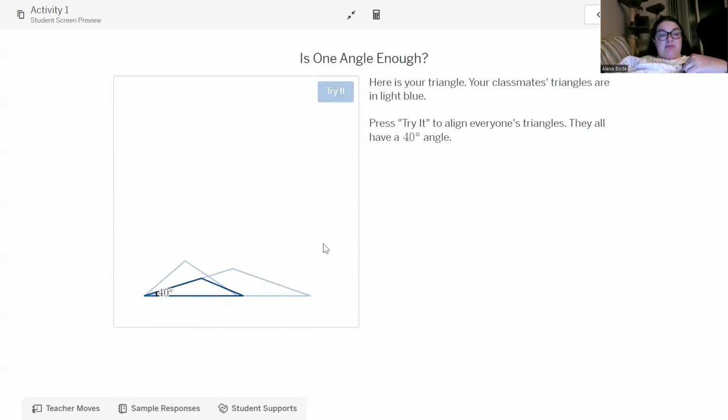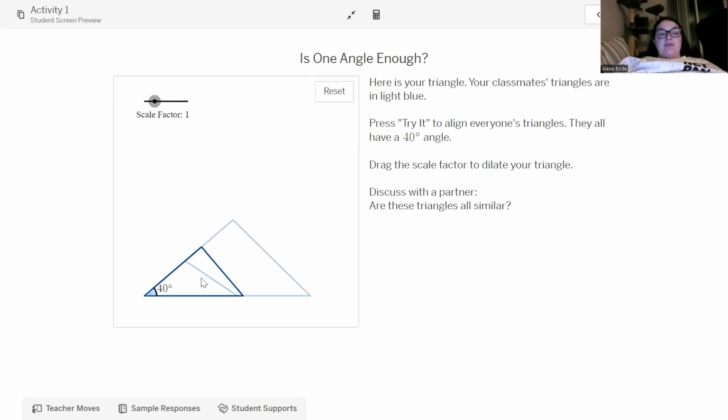Notice now these lines here are not parallel. So if I use a scale factor to dilate my triangle, I cannot get it to match up with this other big one, and I cannot get it to match up with this other small one. So just because one angle is congruent, it doesn't mean all three angles will be congruent.